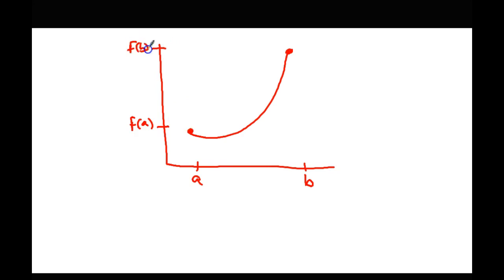That's f of b. And so the coordinates of this point are a, f of a, and b, f of b. The function, I'm assuming, is called f of x, right? So there's that.